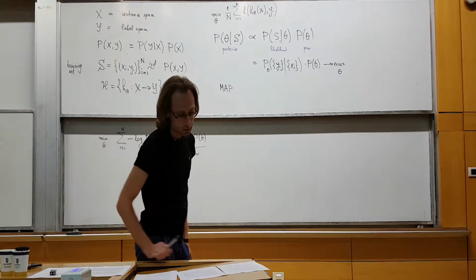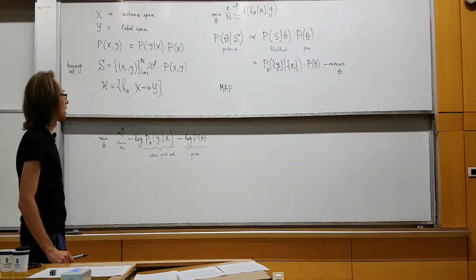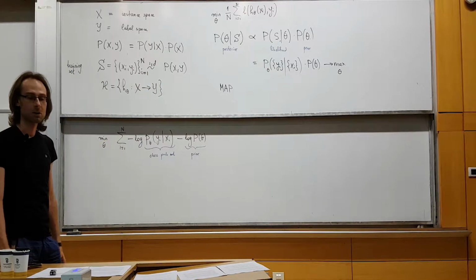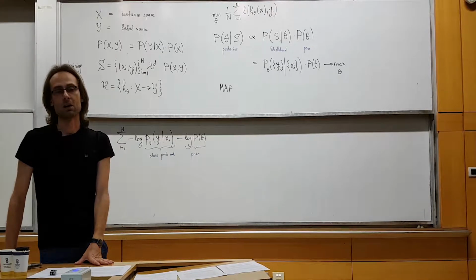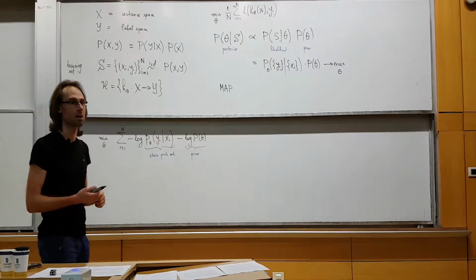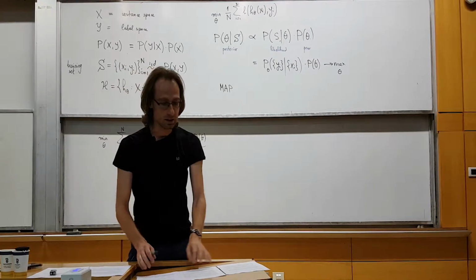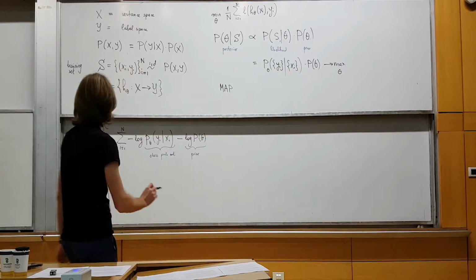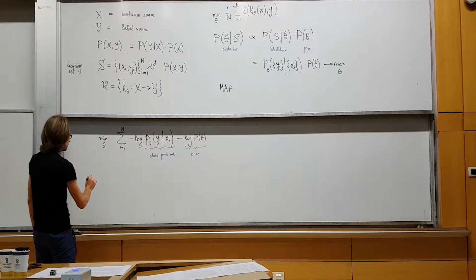Okay, so this was our basic setting of supervised training. So let's now switch to a much more complicated setting of a problem, and actually we can think about several variants of this problem. Let's think about the following setting.